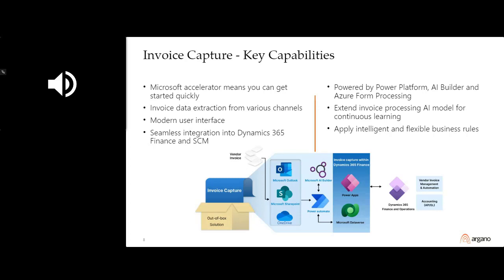The side-by-side view allows you to see the scanned image and also maintain the system data. While maintaining that system data, that feedback will be provided back to the AI model, which will learn based on that interaction, so that the next time there are fewer human touches.